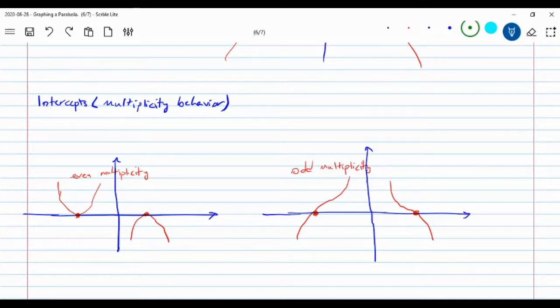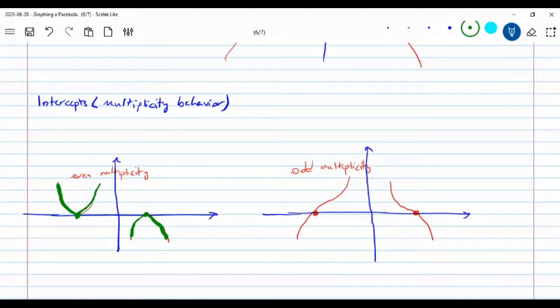Okay, so first, I've considered two cases. Here, let's say there is a zero of a function. That means there is an x-intercept for the graph. If the multiplicity is an even number for that zero, then the graph only touches the x-axis. It never crosses. It will look something like that. It doesn't really matter which direction it goes, it never crosses.